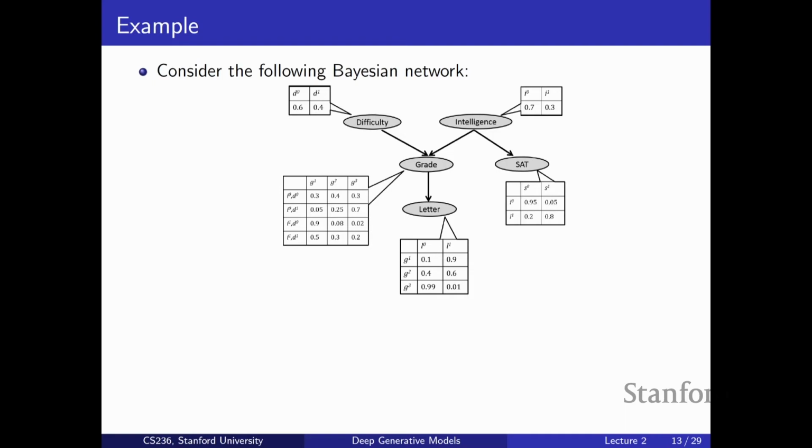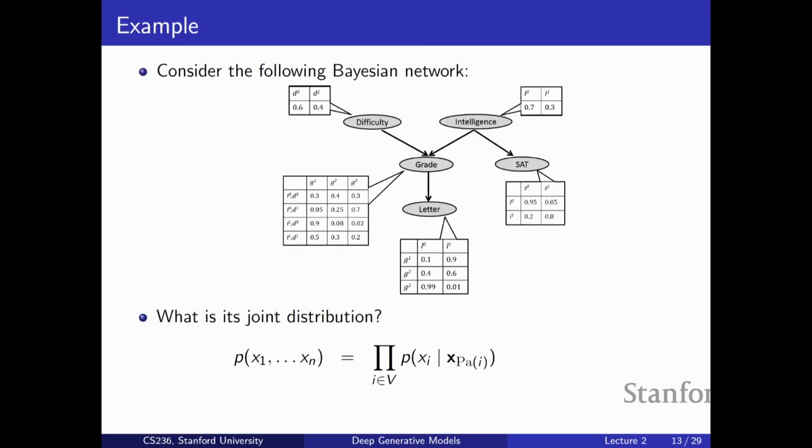This is an example of a very simple Bayesian network. Here you have these 5 random variables representing the difficulty of an exam, the intelligence of a student, the grade that you get, and so forth. There is a joint distribution over these 5 random variables, which is obtained as a product of conditional distributions of each variable given the parents.